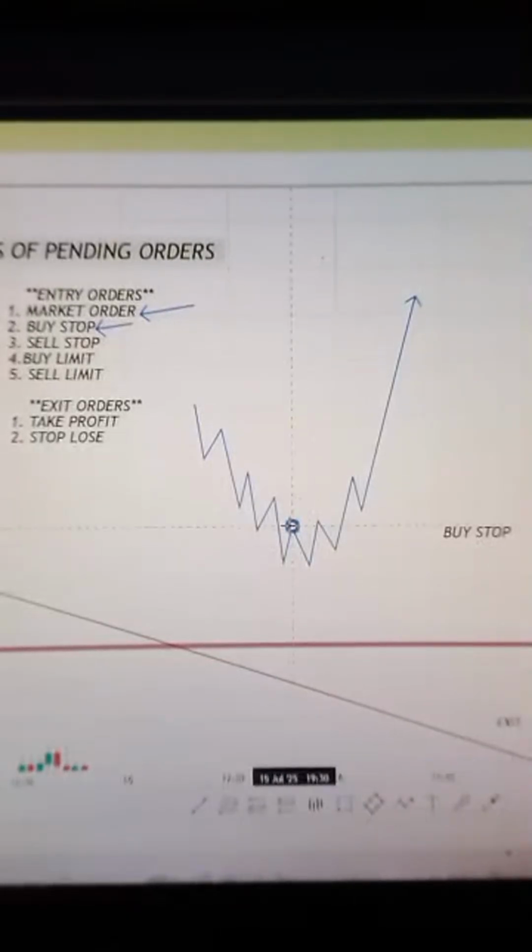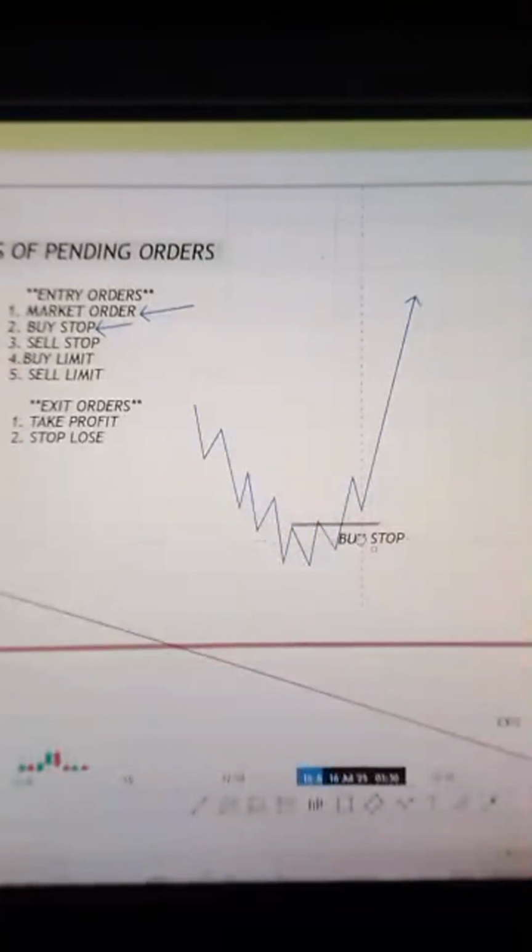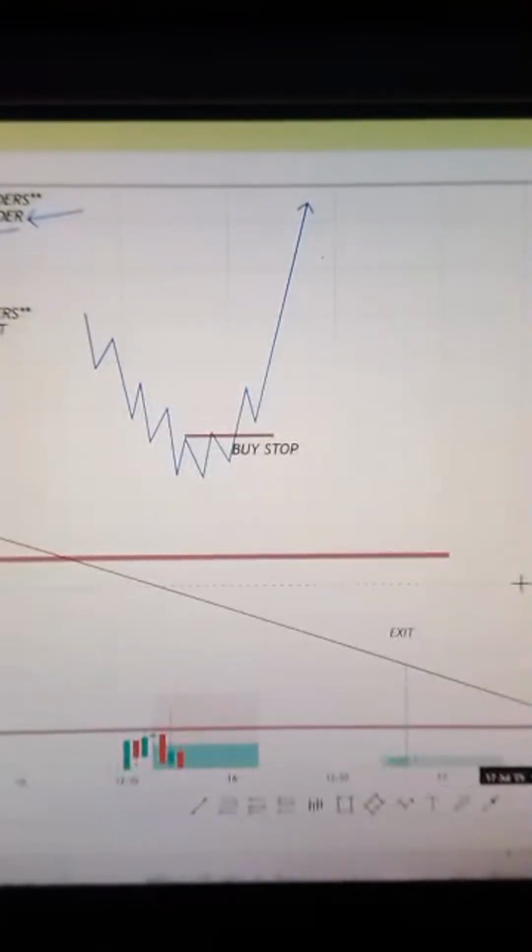So this is your buy stop now. With your buy stop, you're telling the market that if you are still going up, once you get to this area, which my buy stop is, execute the buy for me. And once you keep going up, I'll be in profit. Okay? That is exactly what the buy stop means.